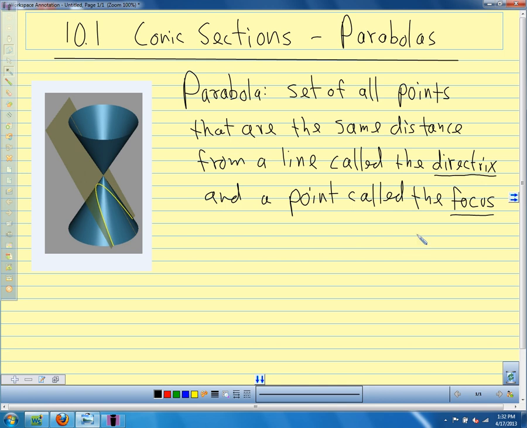So this is our definition of a parabola. It comes from a conic section, comes from cutting a cone with a plane. But this is our definition.